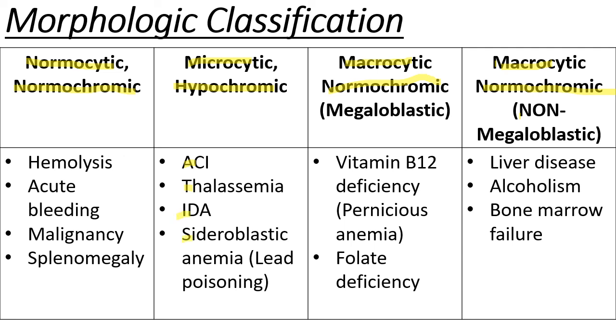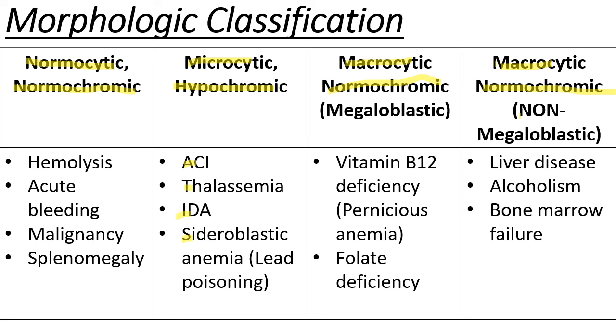ATIS, ACI for A, anemia of chronic inflammation, thalassemia, iron deficiency anemia, and sideroblastic anemia, which may be caused by lead poisoning.